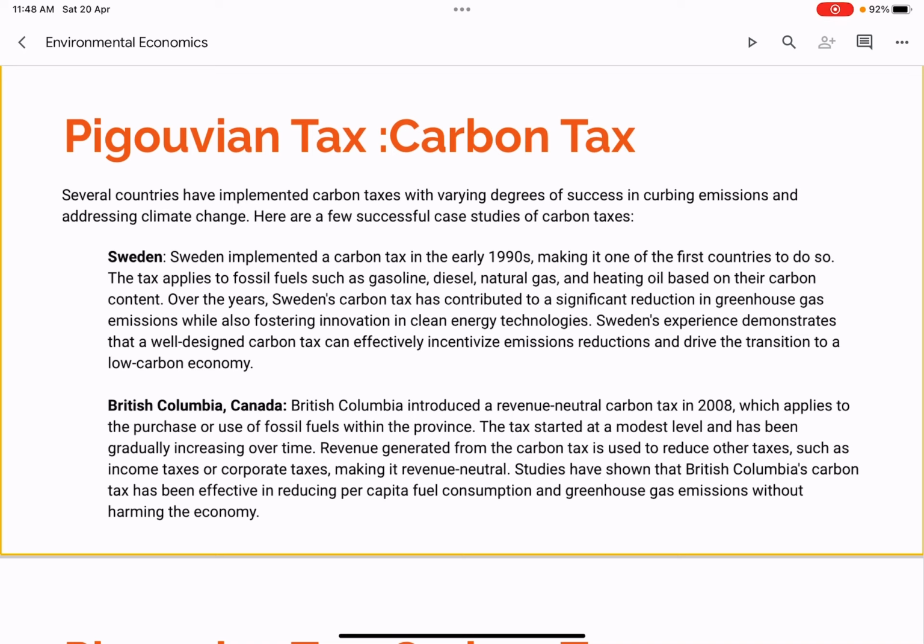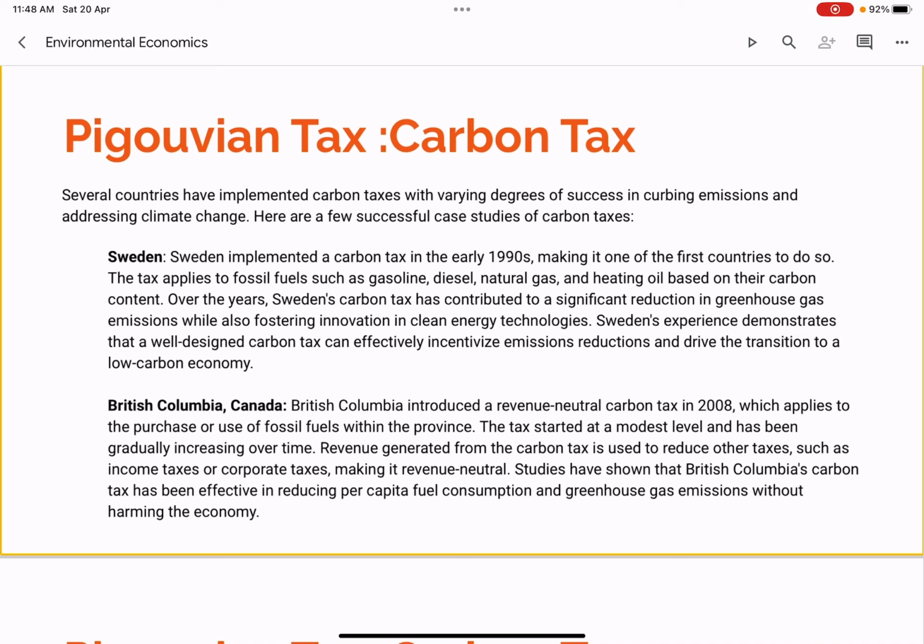So we know that carbon tax is a Pigouvian tax, and often it is said that just as Sweden has done it, others can also levy a carbon tax, a Pigouvian tax, and effectively incentivize emission reductions and drive the economy to a low carbon economy.